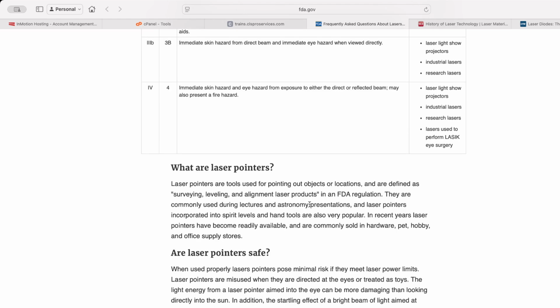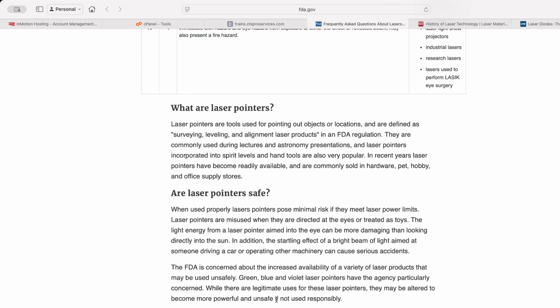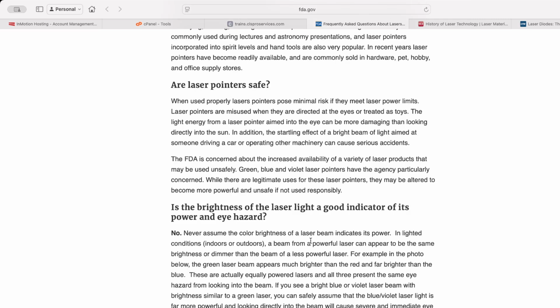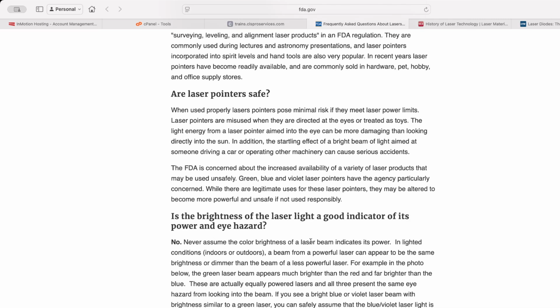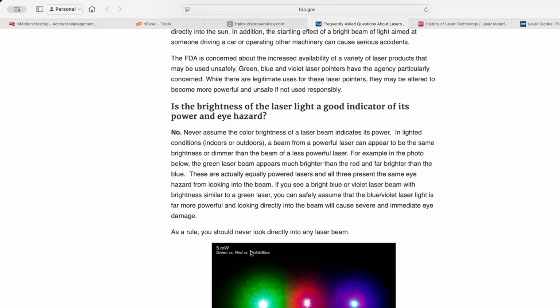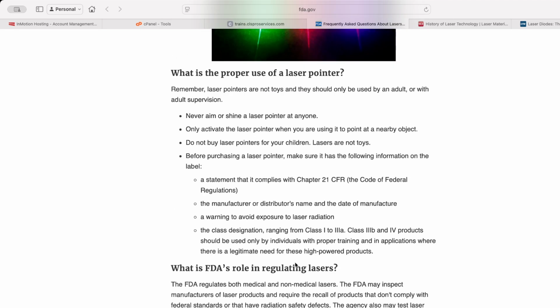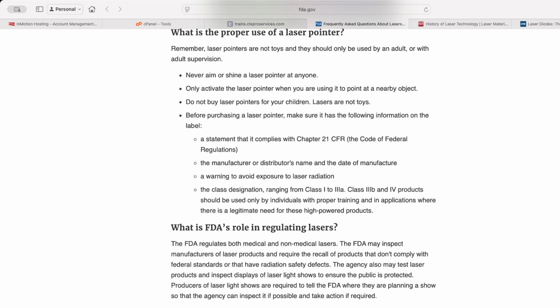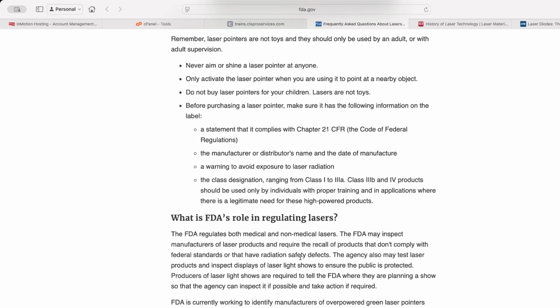They talk about laser pointers a lot because laser pointers are easy for people to get and can cause issues if the beam gets in people's eyes, even aircraft, things like that. So they really stress that as well, and they talk about how they regulate lasers in general.